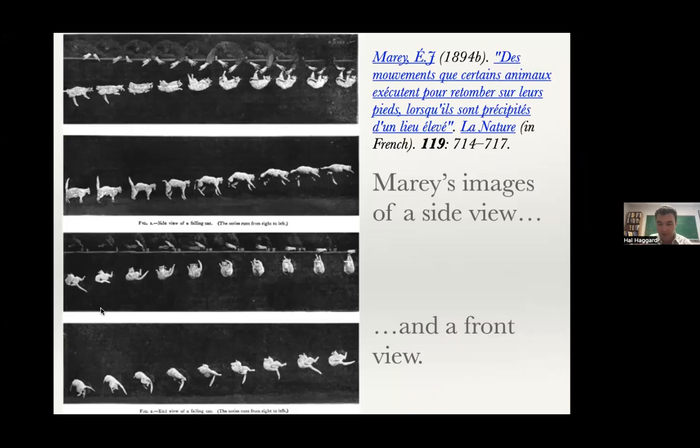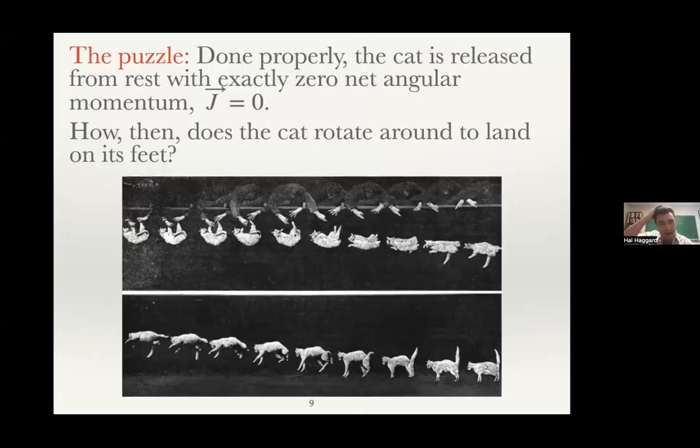And you all have good context for this. The puzzle is the following. If we do the experiment right, that is, we carefully release the cat from rest, then the cat has no initial angular momentum. But here, the cat is a free system. There's no external torques on it. There's just gravity acting at its center of mass and causing it to fall.